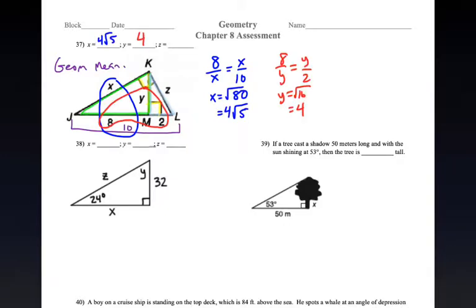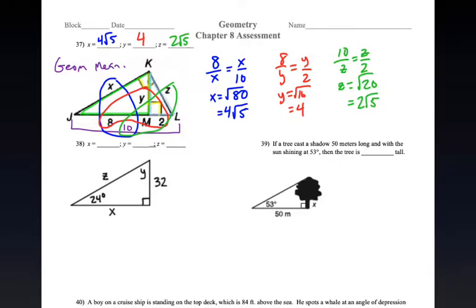That's 4 square root 5. y shares its triangles, the little ones, with 8 and 2. When you solve this, we'll get 4 for y. And z shares its triangle with 10 and 2, so z squared equals 20, and z is 2 square root 5, that's what we get.